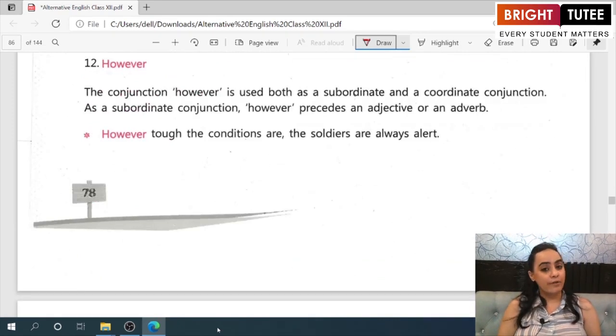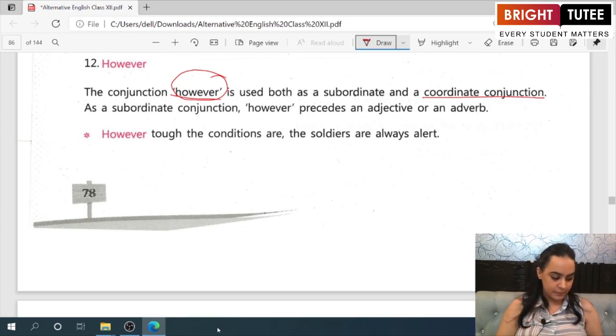Then comes however. The conjunction however is used both as a subordinate and a coordinate conjunction. So we use however as a subordinate conjunction, that is, it is used to connect a main clause and a dependent clause, and it is also used as a coordinate conjunction, that is simply to join two sentences.